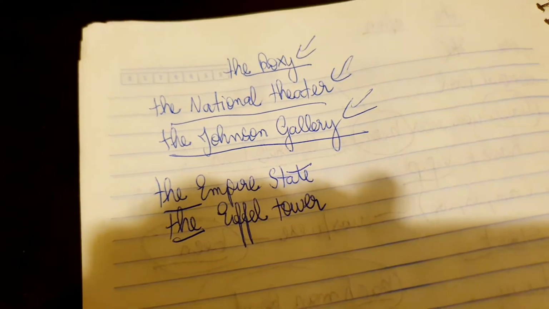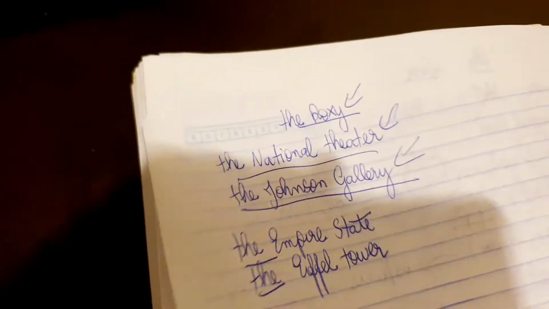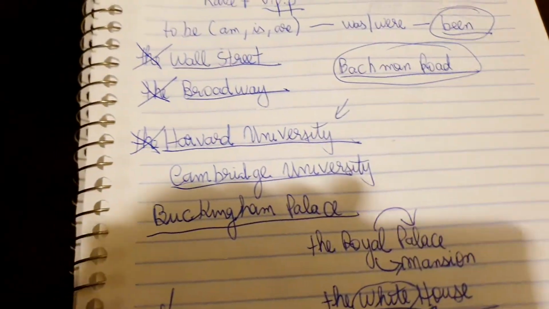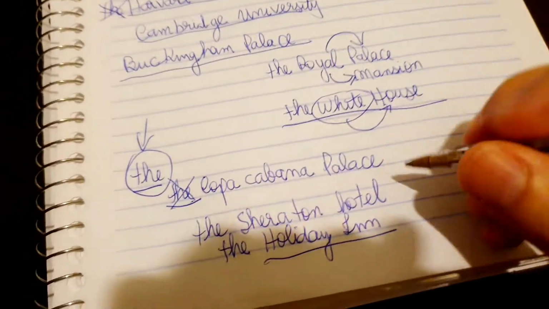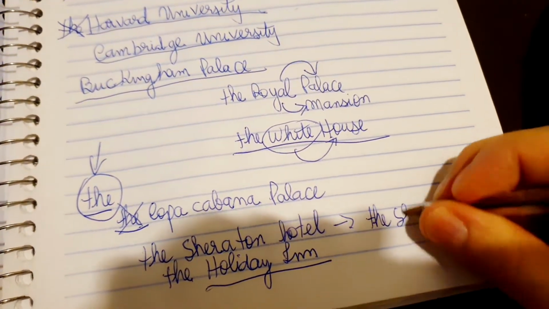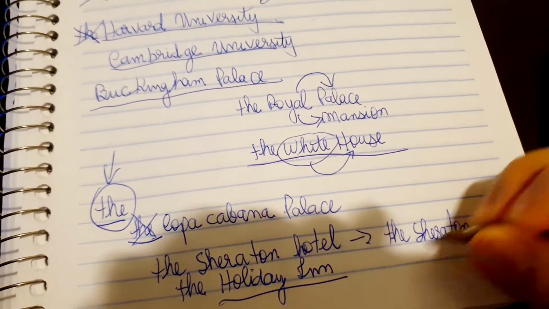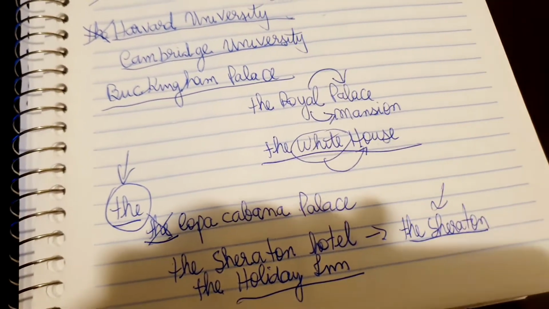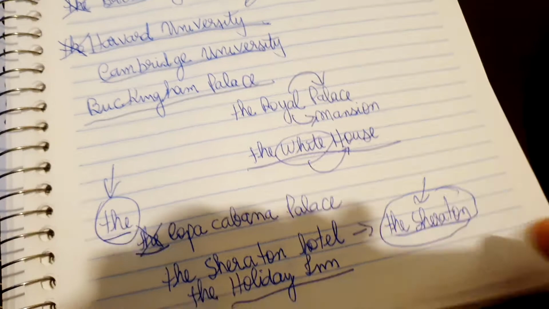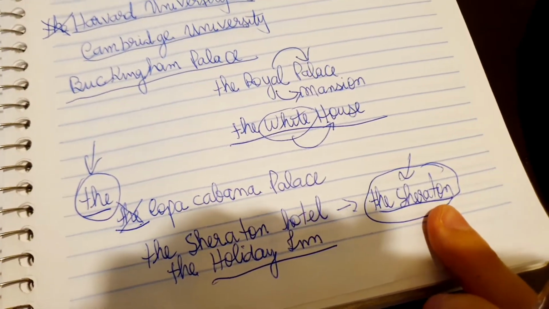Just the adjective. For example, here we talked about the Sheraton Hotel. You can refer to it as the Sheraton. It's not necessary to write hotel. Here it's implied that I'm talking about the hotel.